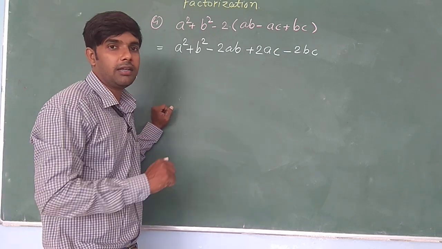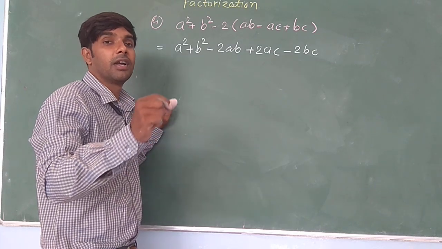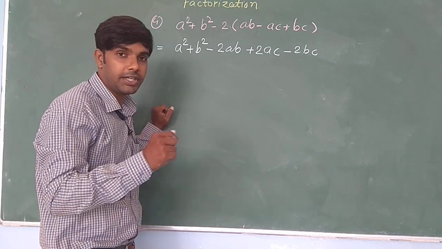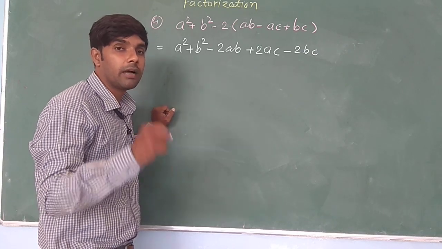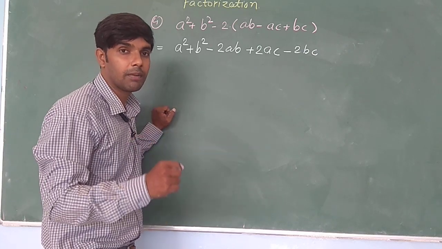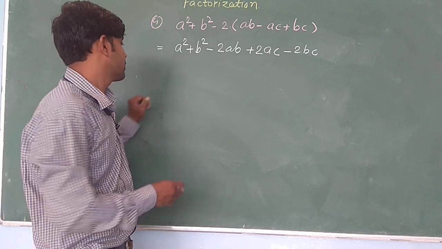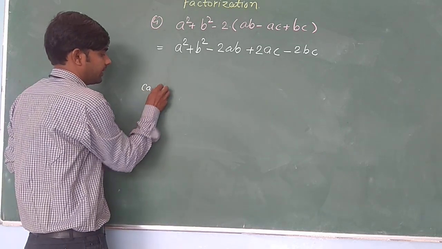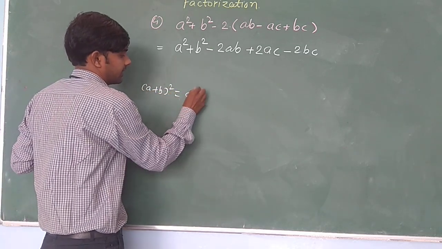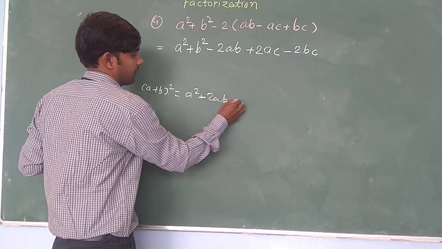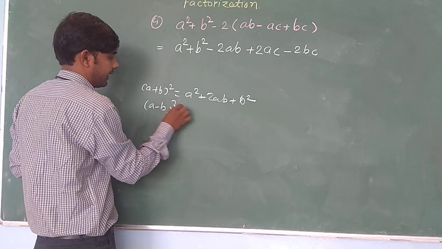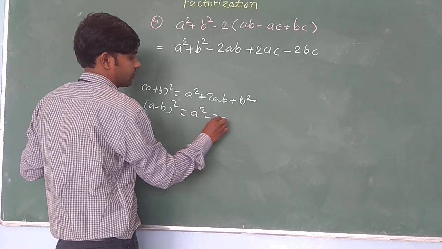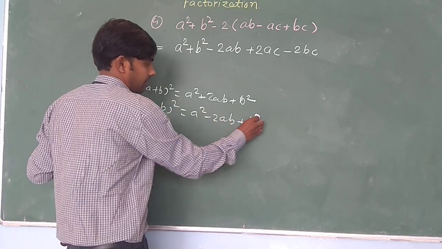Now we get the square of two different terms, a square and b square. Which term do we need here to complete a perfect square? It may be by using (a plus b) bracket square, a square plus 2ab plus b square, or (a minus b) bracket square, a square minus 2ab plus b square.